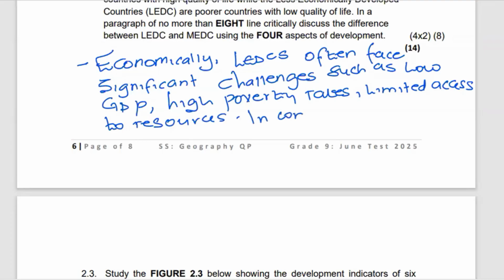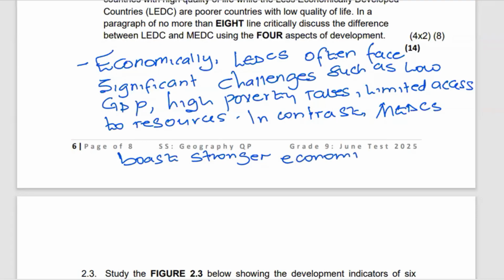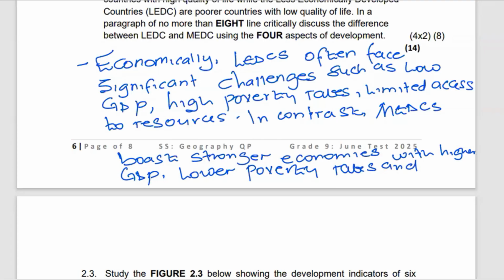So in contrast, MEDCs boast stronger economies with higher GDP, lower poverty rates, and better resources allocated.